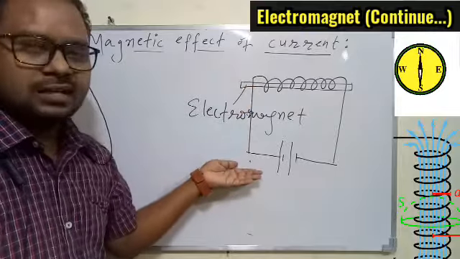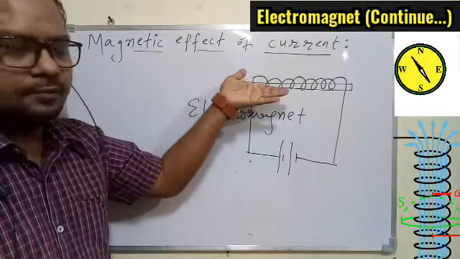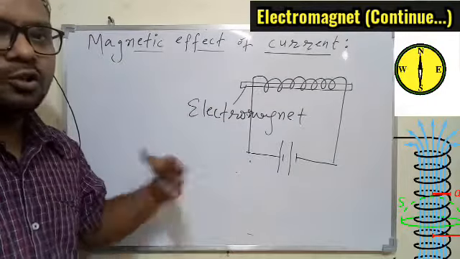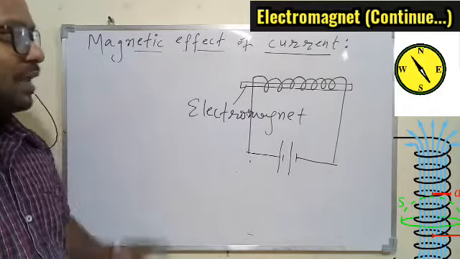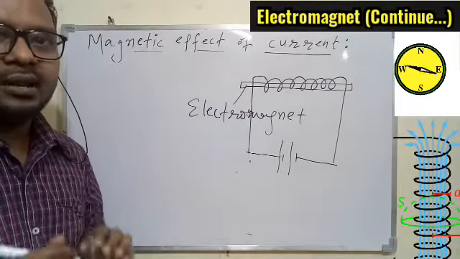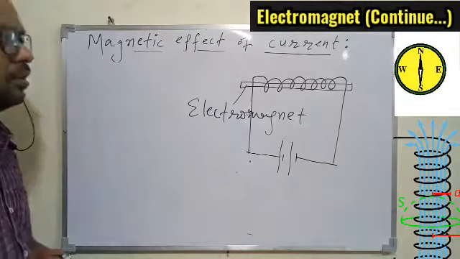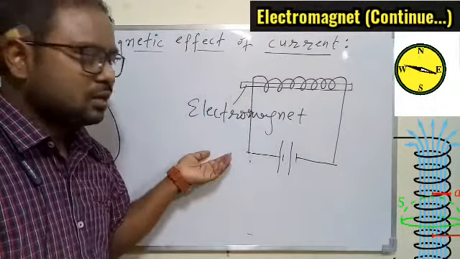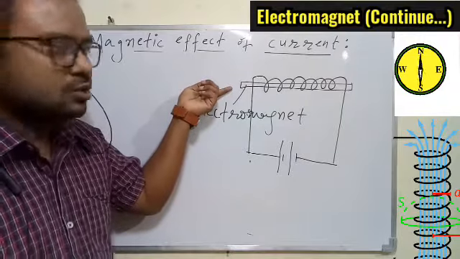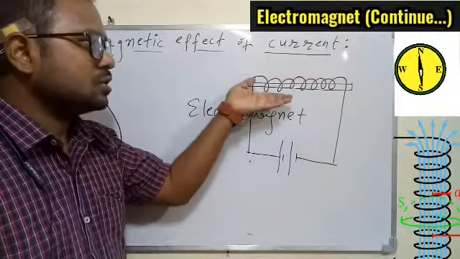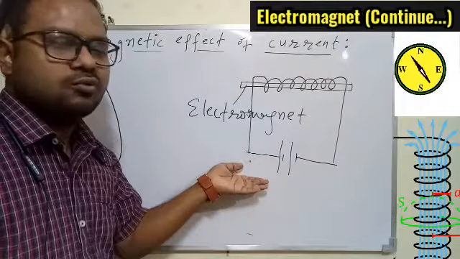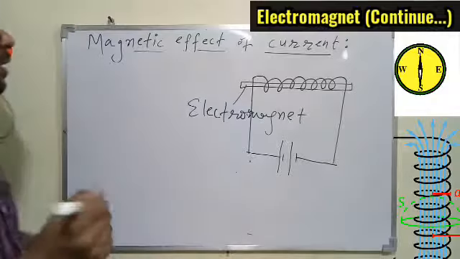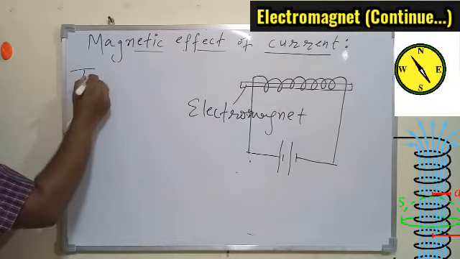And in the absence of the current, there is no magnetic field within the coil, and if there is no magnetic field, then even this material will also get demagnetized. So in general, an electromagnet is a temporary magnet, meaning if we magnetize a material with the help of the solenoid, then that will remain as a magnet only till the current flows through this solenoid. The time the circuit is switched off, the material will get demagnetized. So in general, the electromagnet is temporary.